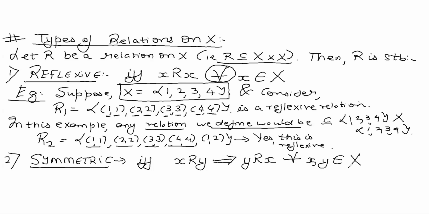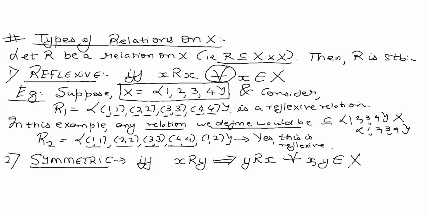Whenever I write in capital letters, sets. So symmetric relation means that if x is related to y, y should also be related to x. All students remember P implies Q, students who have attended my lectures on symbolic logic. It's the same thing, P implies Q.